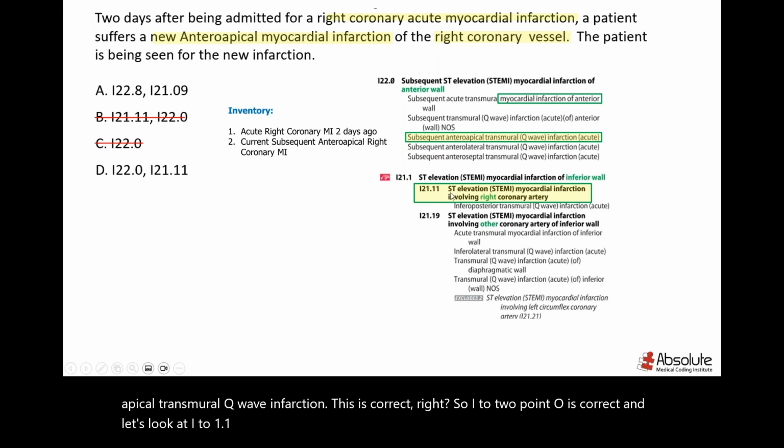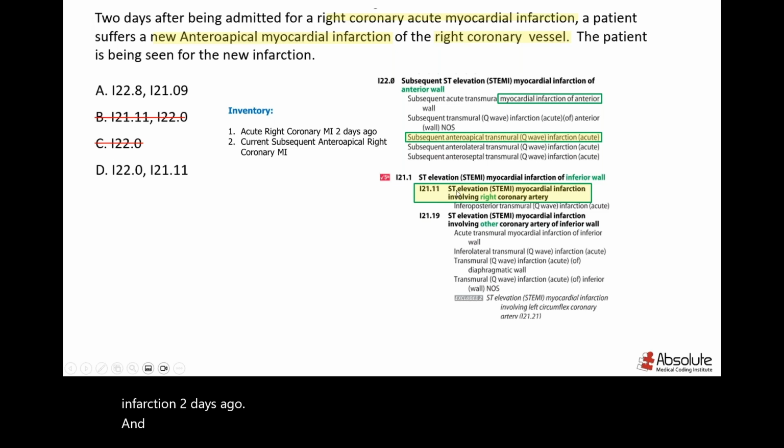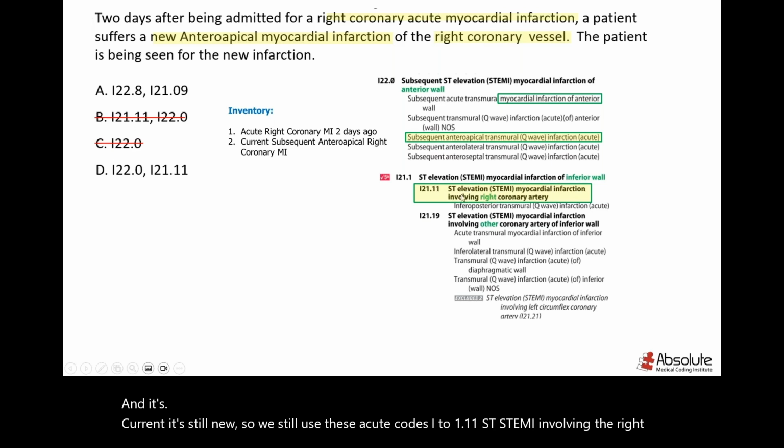And let's look at I21.11. This is the code for STEMI. This is for the first infarction, the acute right coronary infarction 2 days ago. And it's still current, it's still new. So we still use these acute codes. I21.11, STEMI involving the right coronary artery.